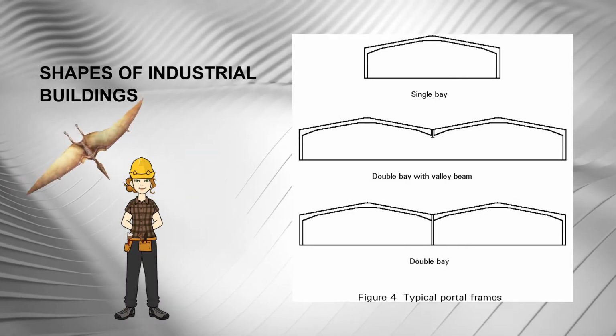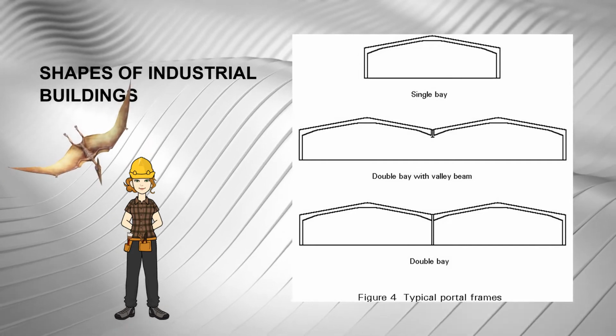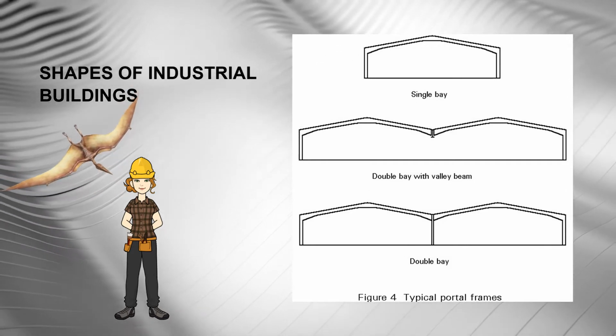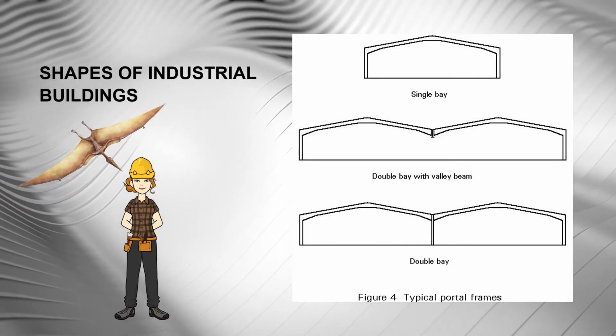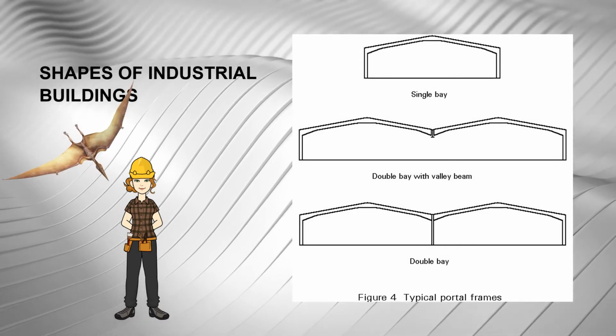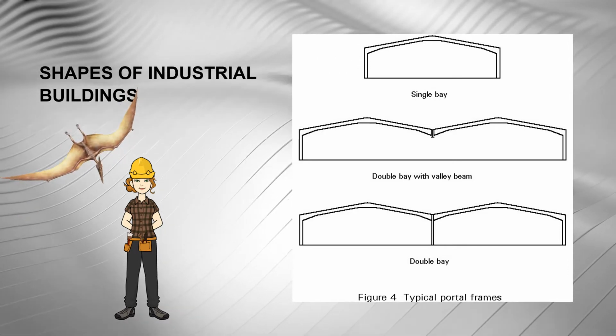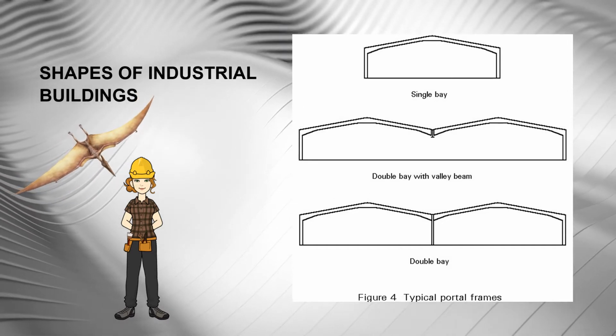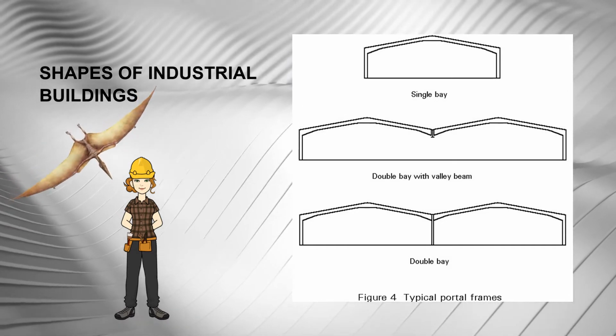Shapes of industrial buildings. Because of its economy, the most widely used building shape is the pin-based single or multi-bay pitched roof portal frame, typically of 20 to 30 meter span at 6 meter centers, as shown in Figure 4.